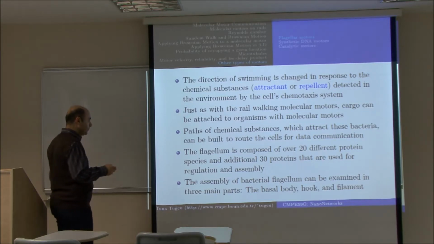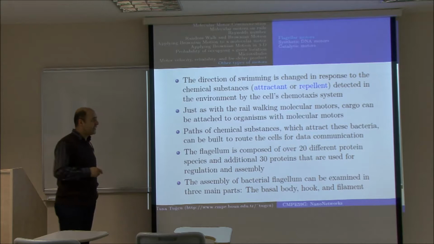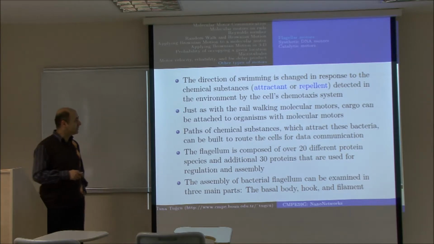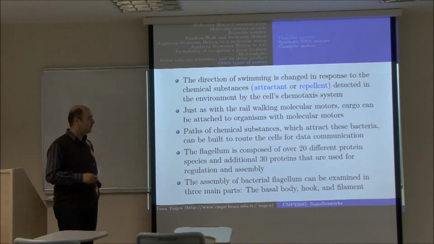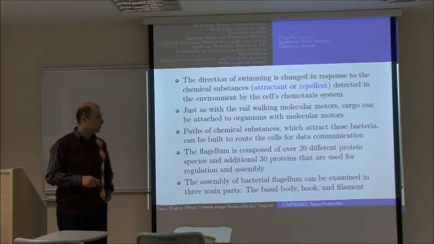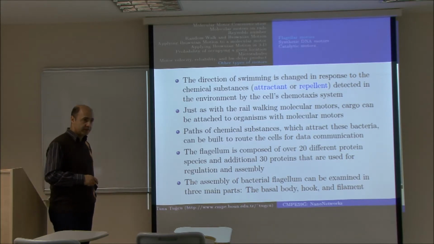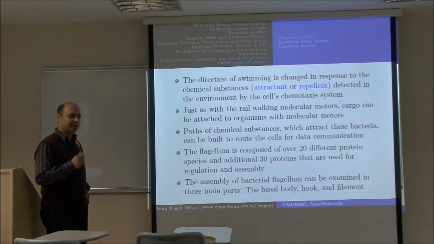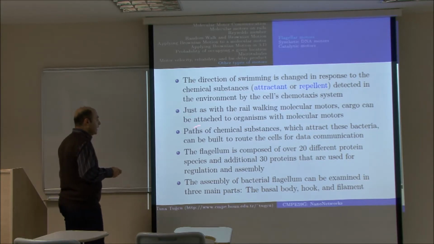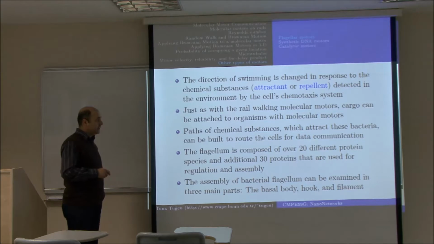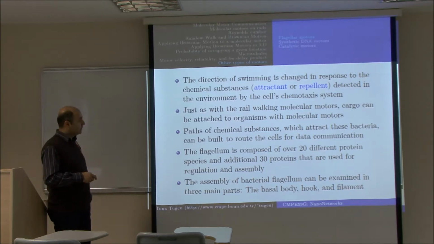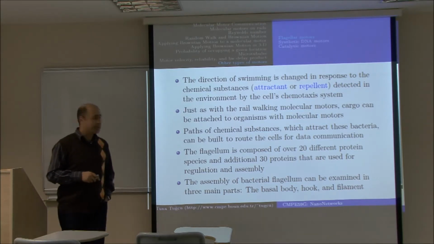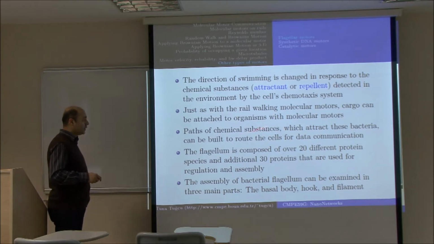Just as with the rail walking molecular motors we have discussed, cargo can be attached to these organisms with molecular motors, or you can also inject DNA, for example. The paths of the chemical substances which are used for attracting these bacteria can be built to route the cells for data communication.